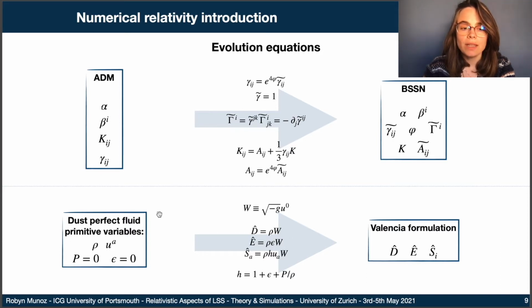Then for the matter, something similar is done where we go from the primitive variables to the conserved variables, and these are the quantities that are actually evolved in the simulation. However, these all then get translated back, and these are the quantities that we work with in our data analyses.